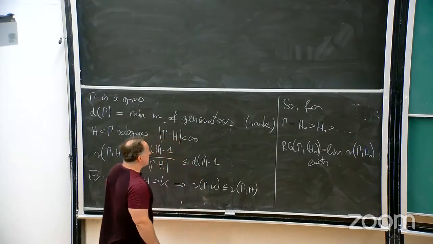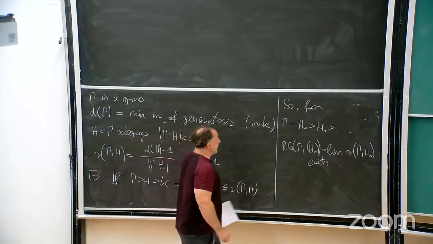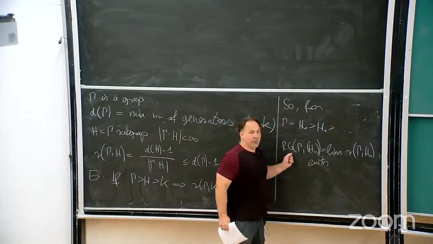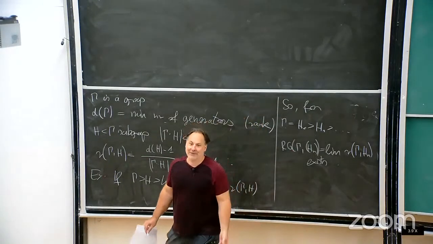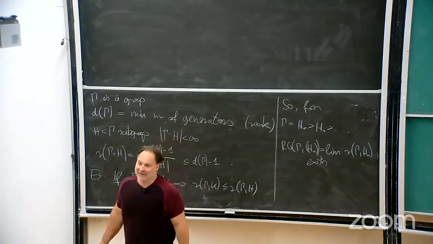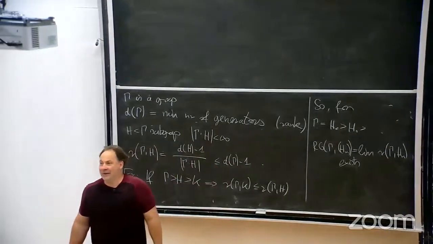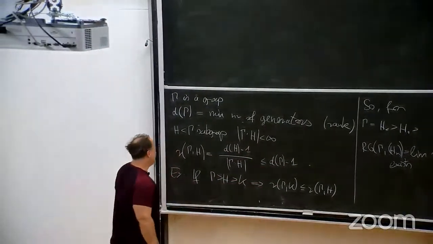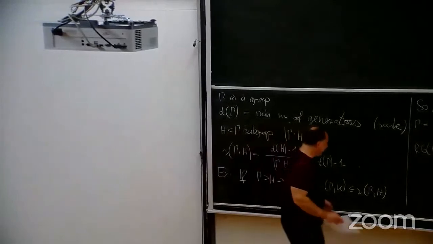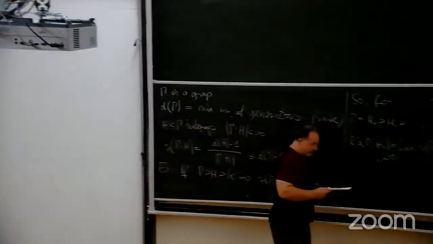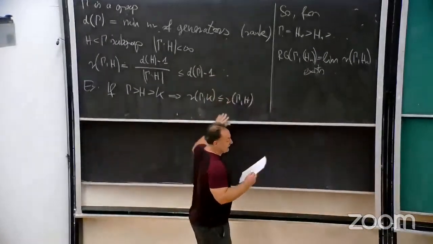Okay, so that seems like something you could do more damage to than the original rank notion, because it's a normalized limit of this mysterious invariant. And it turned out that this is still not so easy to understand.